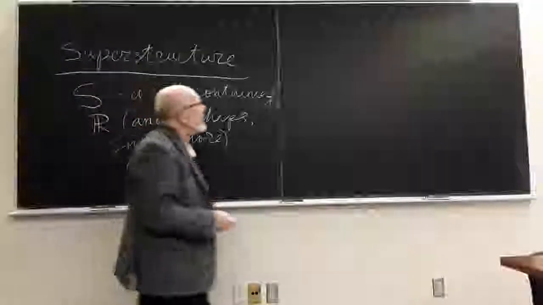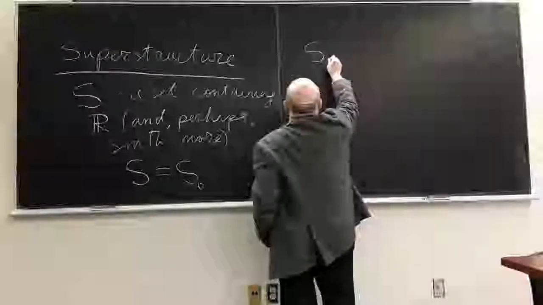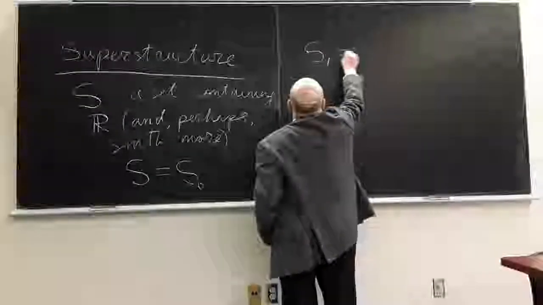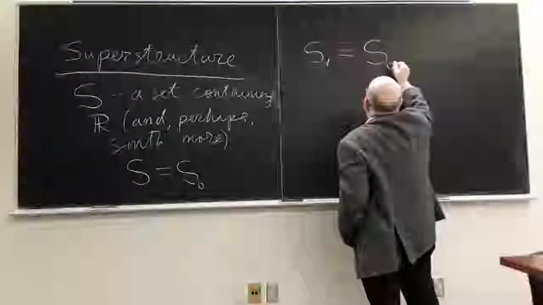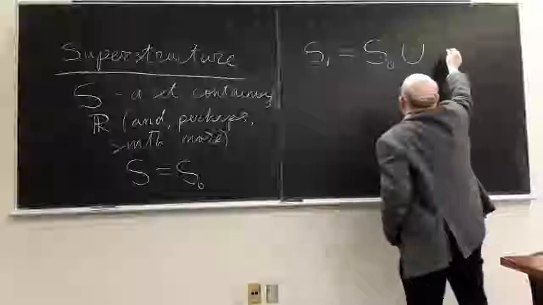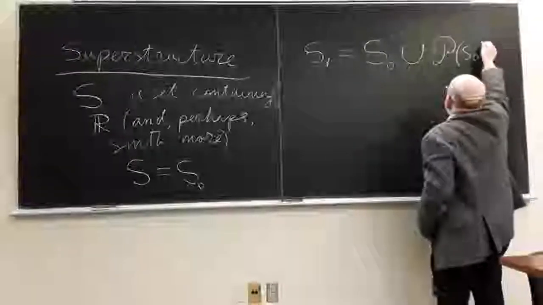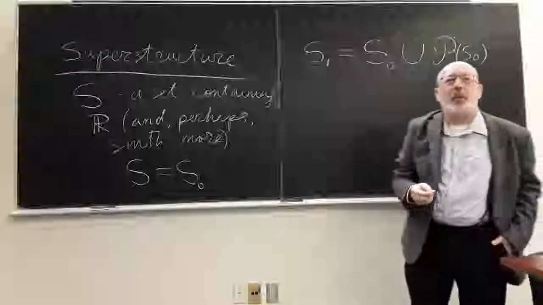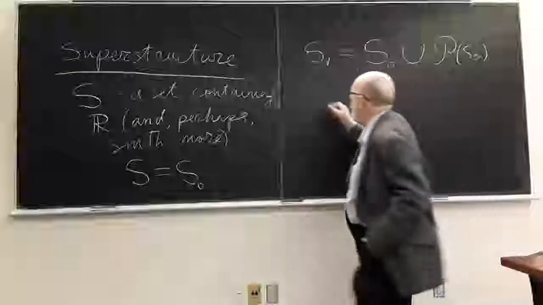And now let us define the set S1. The set is defined as follows. It is S0 union with P of S0. What is P? It is the set of all subsets of S0.